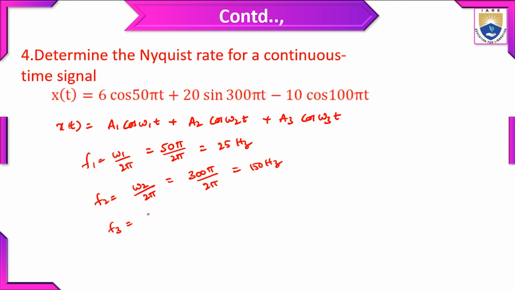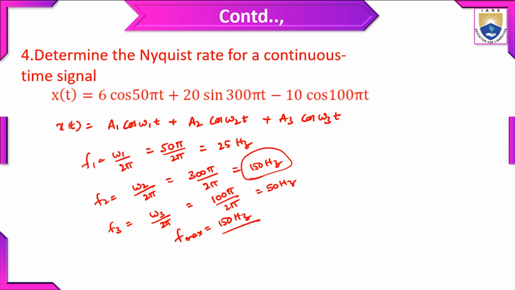For f3, we use omega 3 divided by 2 pi, that is 100 pi divided by 2 pi, so 50 hertz. For any composite signal, we take the highest frequency component. Out of these three frequencies, 150 hertz is the highest one. So F max is 150 hertz, and I am considering this one.